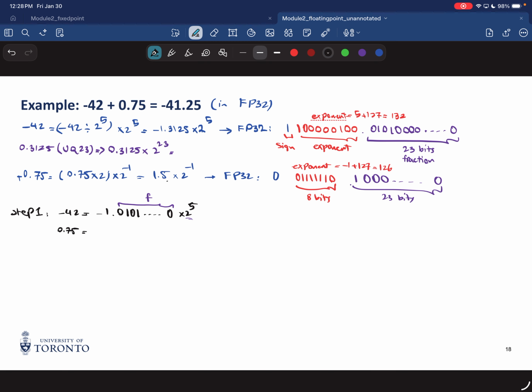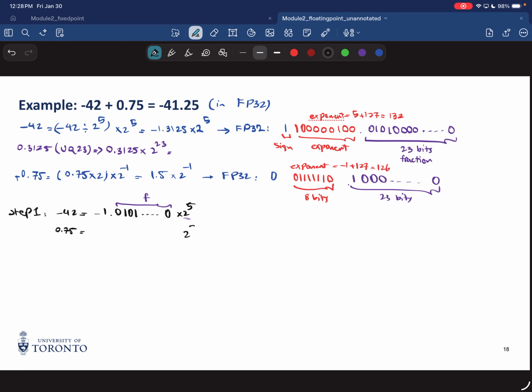0.75 was 1.5 to the power of minus 1. In order to bring it to 2 multiplied by 2 to the power of 5, I have to multiply it by 2 to the power of minus 5, right? So you shift it left or right? So it's going to be even a smaller number, right?